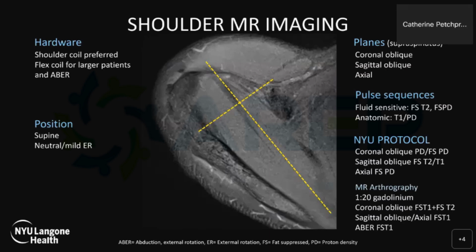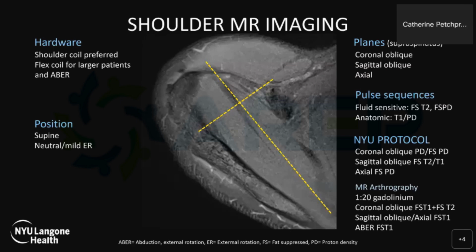In terms of protocol, fluid-sensitive sequences make pathology more conspicuous, so we choose fat-suppressed T2 and fat-suppressed proton density. T1 and proton density sequences are great for showing anatomy, and T1 for the marrow. This is our routine protocol: coronal oblique proton density and fat-suppressed proton density, sagittal oblique fat-suppressed T2 and T1, and axial fat-suppressed proton density.